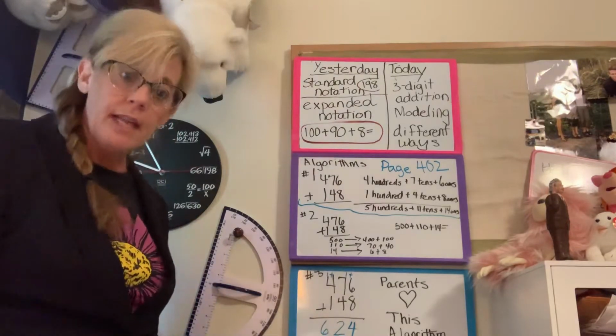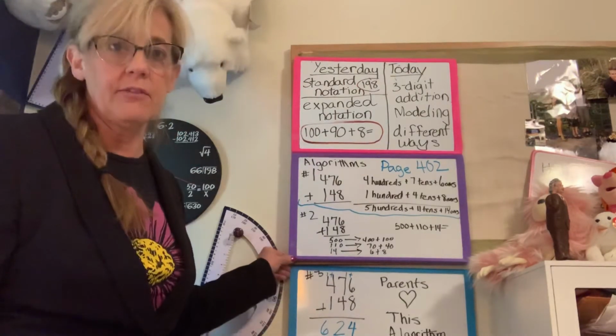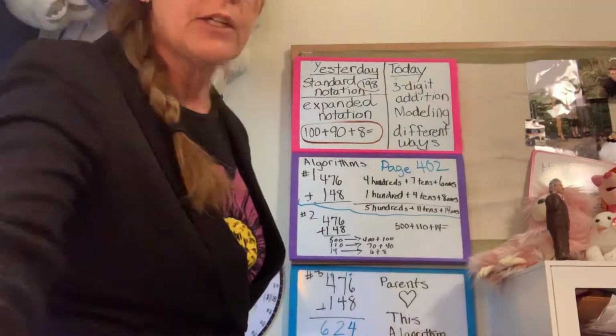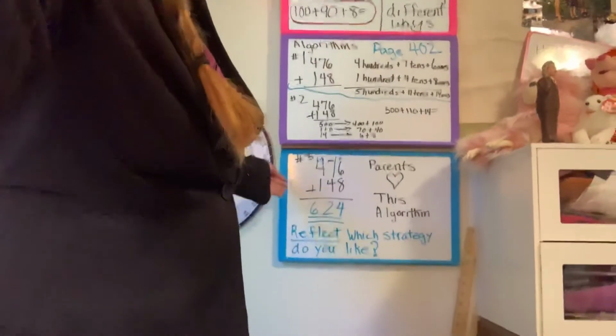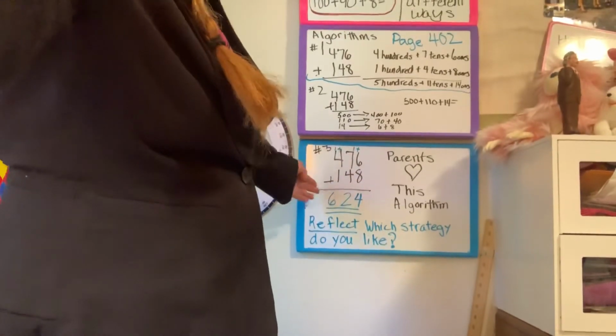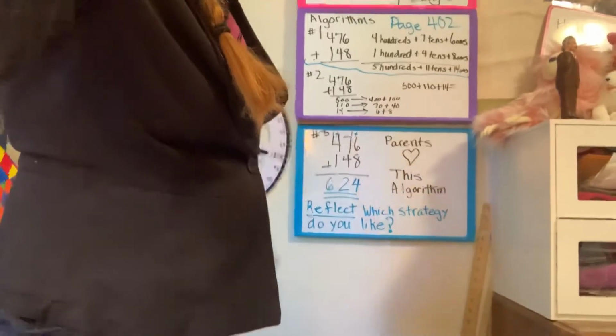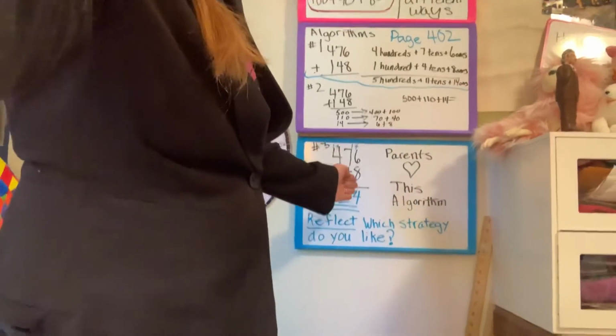All right, so now the next algorithm, the third one that I'm going to show, is your parents' favorite. This is how they learned to add. If you take a look at this algorithm right down here, they stack the problem up just like that. And they would add the 6 plus the 8. 6 plus 8 is 14. So you put down the 4, carry the 1.